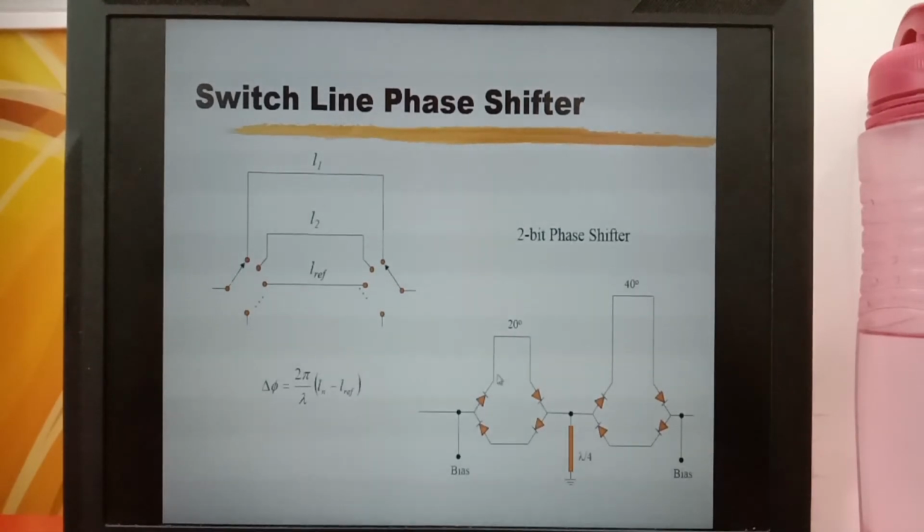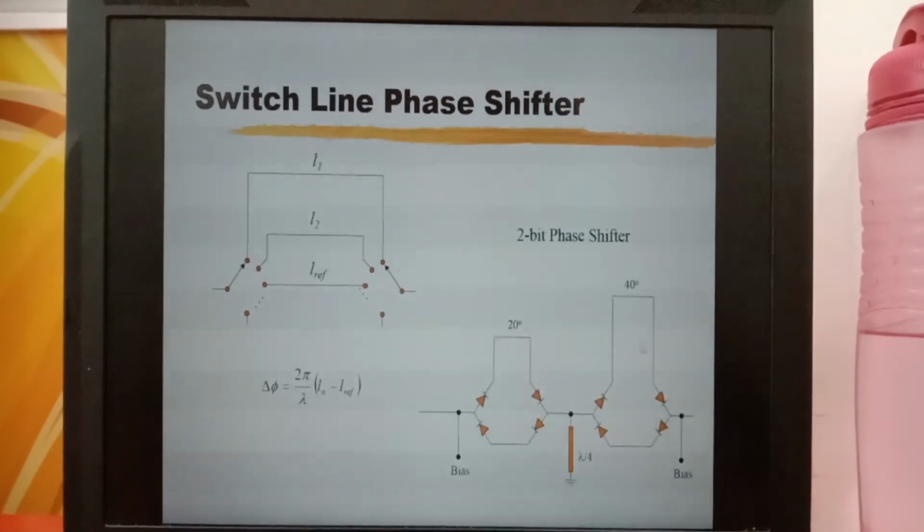So if we wish to select another transmission line, we can switch the bias voltage to negative. This time the first two diodes will be turned off because they are reverse bias, but the other two diodes are turned on.